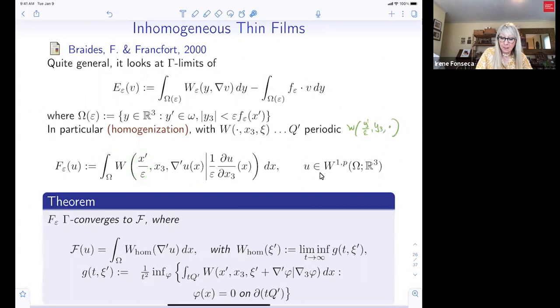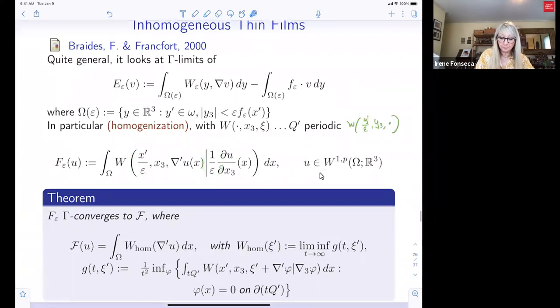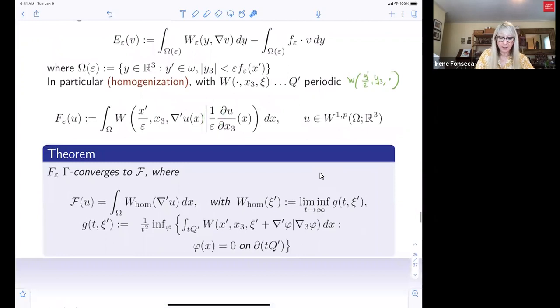I change variables. This one remains the same, because remember that I change variables only on the third one, that picks up the 1 over epsilon here. And you prove that, yes, it's going to look like a homogenization. The u lives in the usual space, no dependence on x3. The new effective W is a W hom.